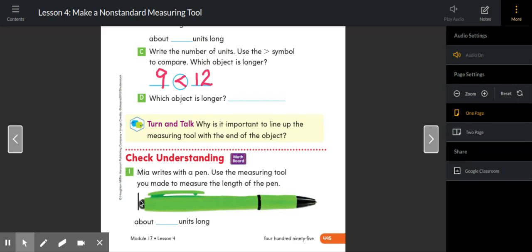You're going to lay it so the end of your measuring tool is at that line and measure that pen. And when I lay my measuring tool down next to my pen, it's almost exactly the length of my measuring tool. I believe it's 15 units long. See if that's what you get.